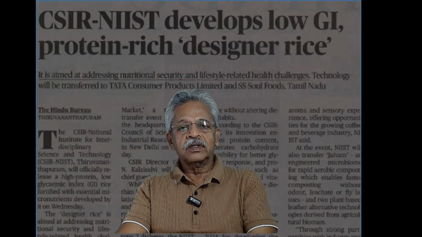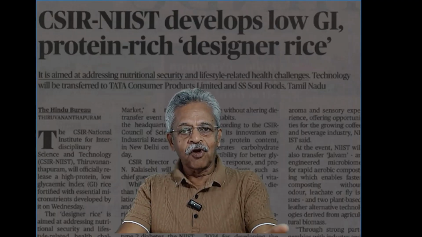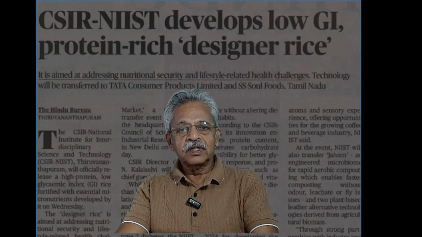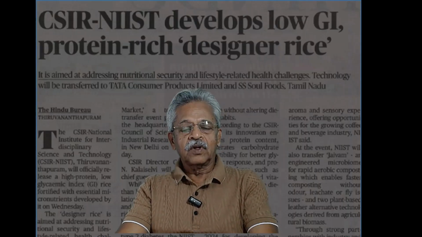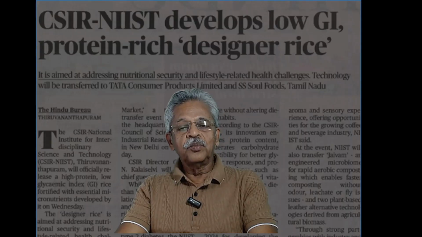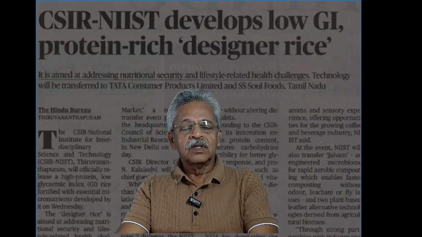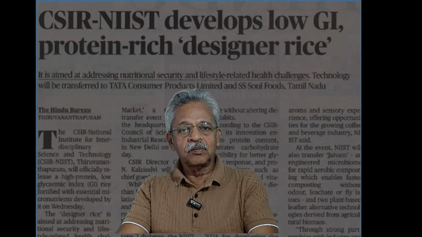But this rice is not genetically modified. A rice is taken and made into flour, and after that you modify the composition or components of this rice, add something, and again you make it into a rice. So here a rice is made into another type of rice.